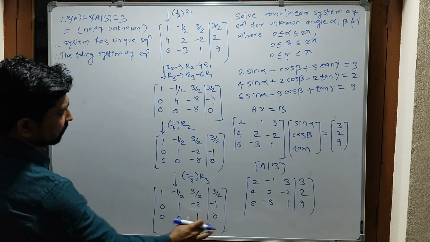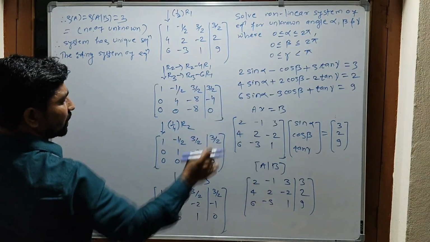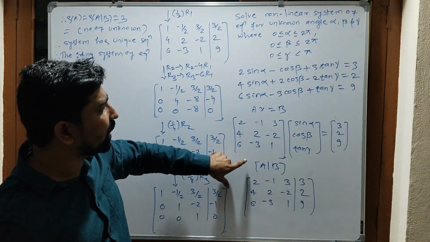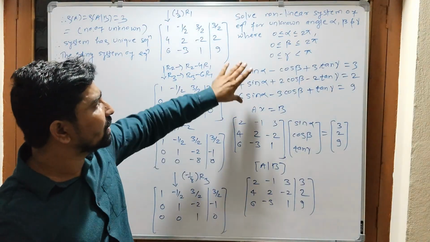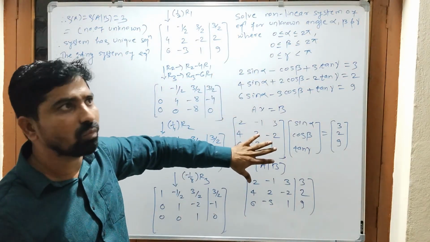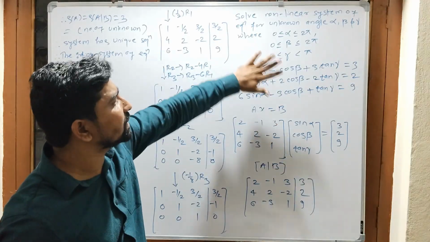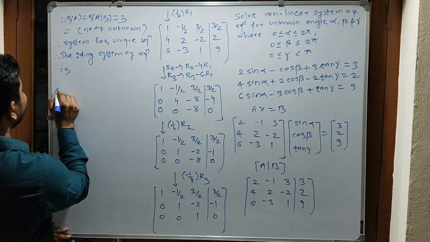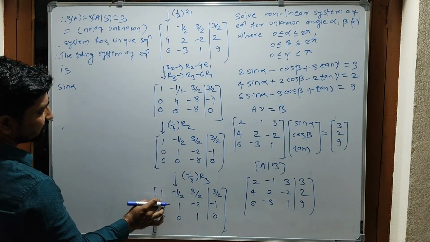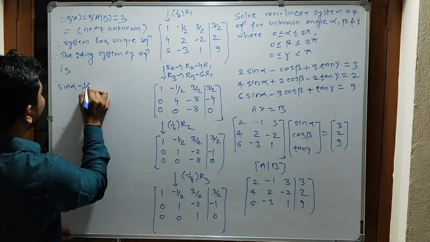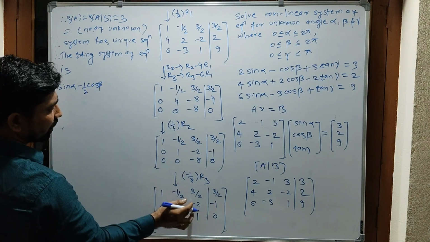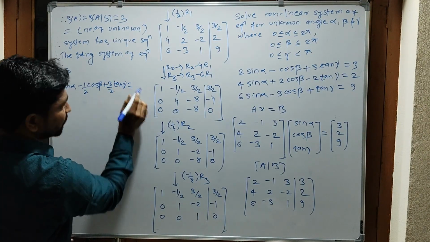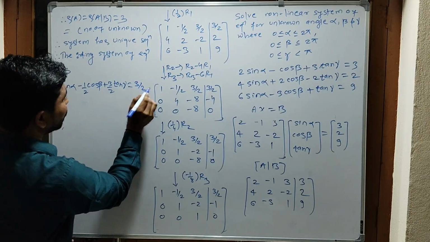I want to write this system in matrix form Ax = b. Using this system we can write it in the form Ax = b, and using back substitution we can solve the system. Therefore, sin alpha minus 1 by 2 times cos beta plus 3 by 2 times tan gamma is equal to 3 by 2.